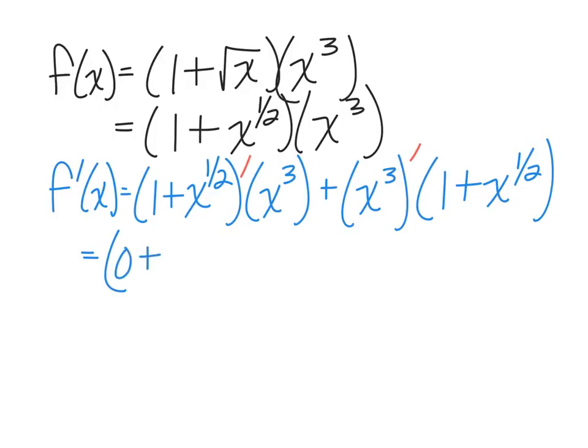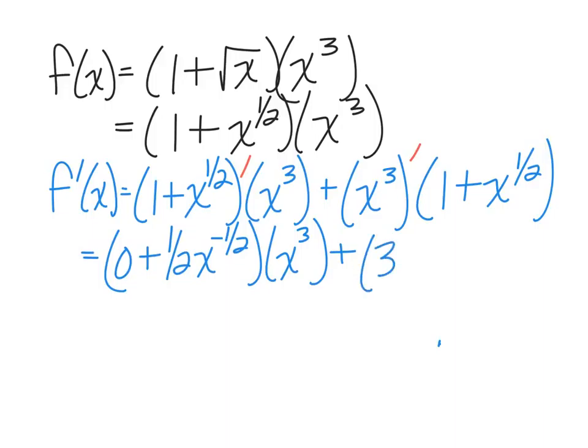We'll write it out, plus 1/2 x to the negative 1/2, and then x cubed is unchanged, plus x cubed times, backing up again, we've got to take our derivative there. So that's a 3x squared times 1 plus x to the 1/2.